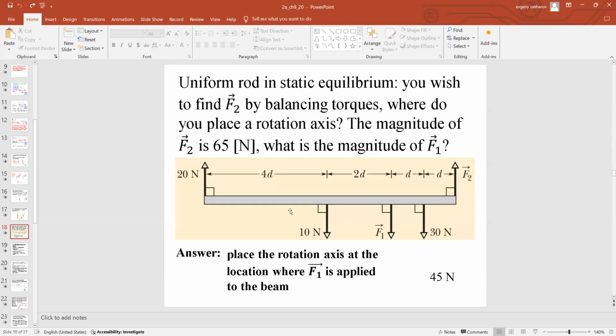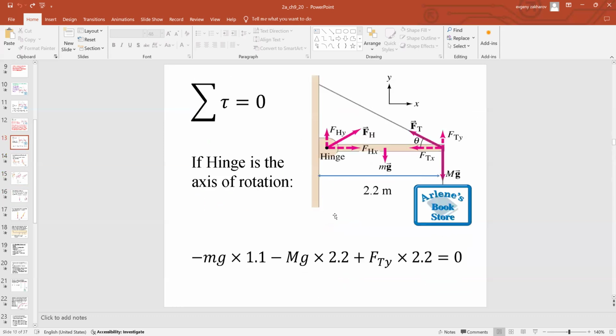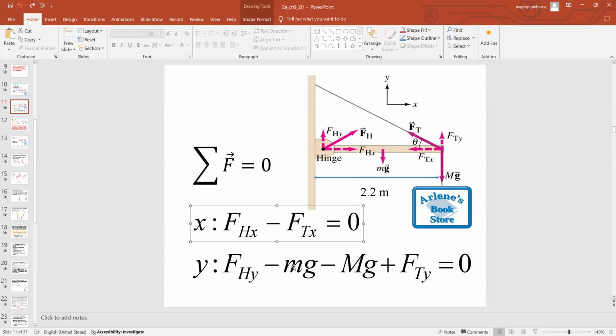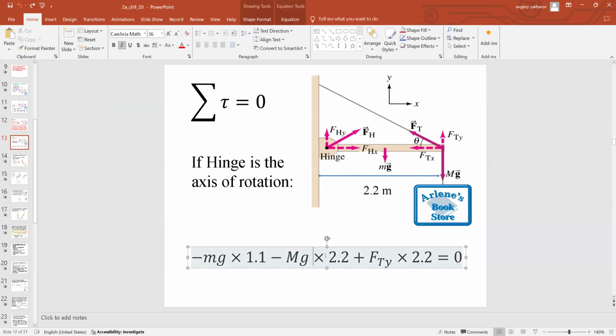Let's say for that problem where we had the bookstore sign, let's say you don't know both forces, and let's say you don't know all the gravities. What are you going to do? But you still have to solve it. If there is not enough information given, then you would still create those equations, the balance of forces, balance of torques.